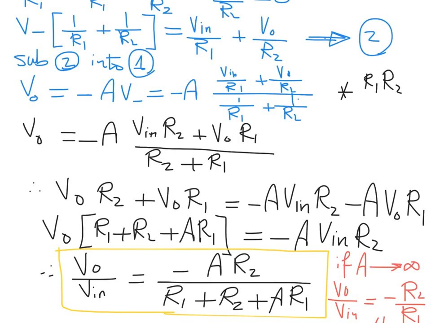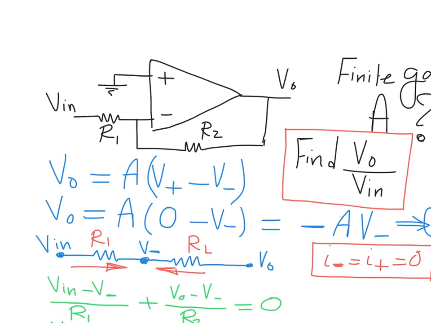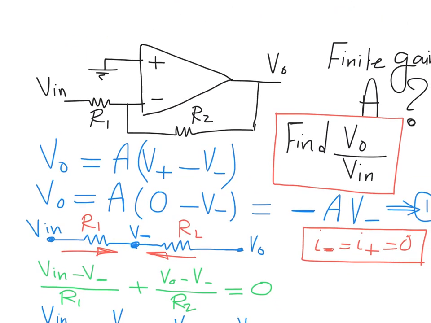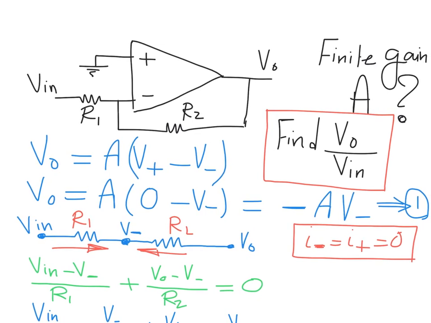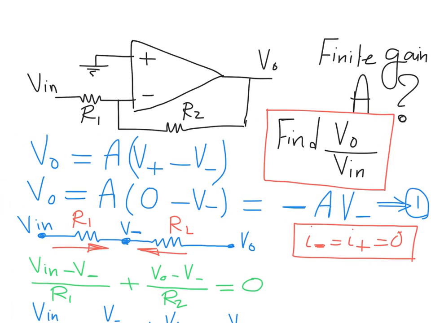So here we can consider this example right now. It's a non-ideal op amp; the gain is not infinite. We are also required to get the relationship between Vo and Vn, like the closed loop operational amplifier gain, or the gain between the output voltage and the input voltage.